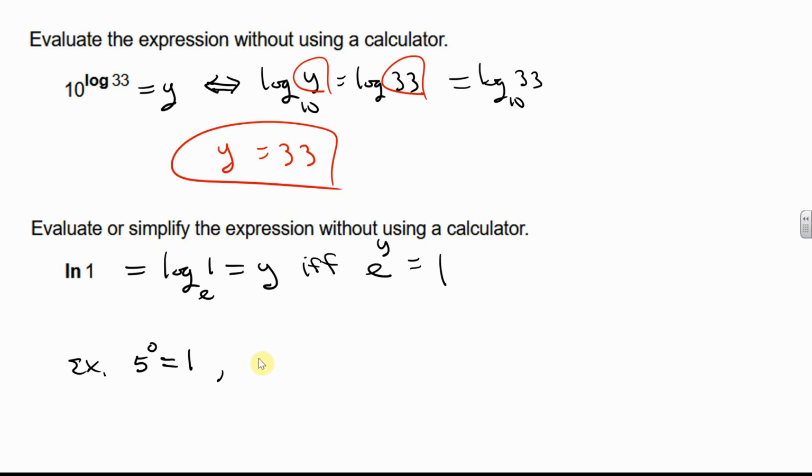What is 18 to the 0? 1. What is house to the 0? 1. All right. So if e to the y is equal to 1, then this implies that y has to be 0. So anytime I see the natural log of 1 from here on out, that's going to be 0.